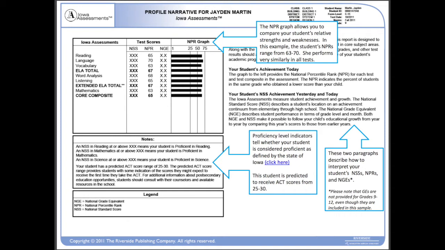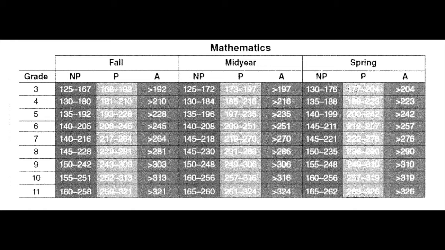NSS is what gives you an idea of the proficiency level indicators for your student. Proficiency level indicators tell you whether your student is considered proficient as defined by the state of Iowa. To better understand your students' scores, we have provided a piece of paper that's called Interpreting Proficiency.